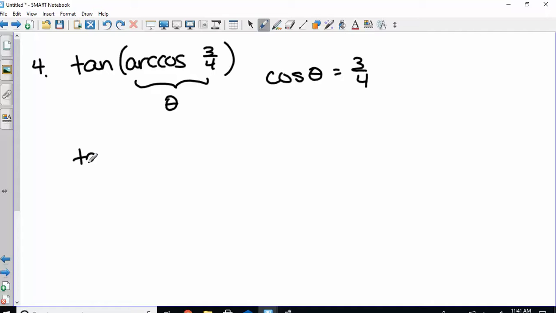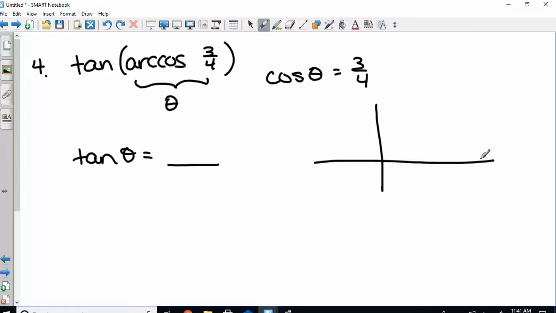And then you have to find what tangent of that angle is equal to. So without using a calculator, I do not know the angle that makes cosine equal to 3/4. But we could draw a picture. Cosine inverse could be quadrant 1 or 4, but it's positive, so that's quadrant 1. Cosine is adjacent over hypotenuse, so you could do Pythagorean theorem.